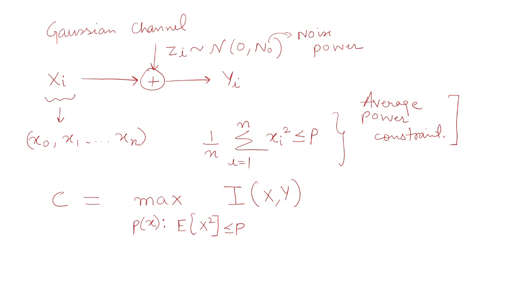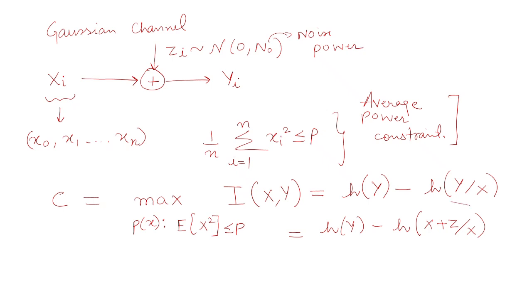And now from our videos on information theory, we know I of X comma Y can be represented in terms of differential entropy. That means we can write it as H of Y, differential entropy of Y, minus differential entropy of Y given X. And now we can also write it in this form, H of Y minus H of X plus Z given X. So if you carefully look at this term, this is basically comprised of H of X given X, which is equal to 0.